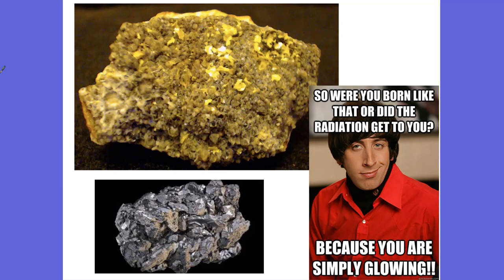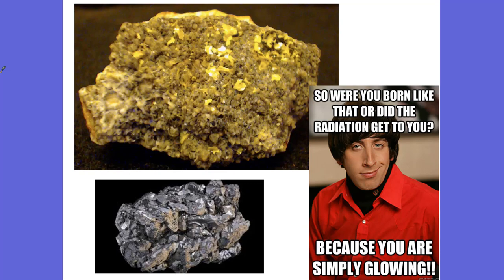Uranium is element number 92 on our periodic table. It's got 92 protons, and it will eventually decay into lead, element number 82. It's going to lose protons, it's going to lose mass, it's going to lose a bunch of different things. And it will eventually go from a radioactive element to a stable element like lead.